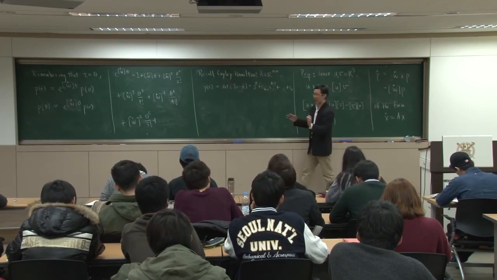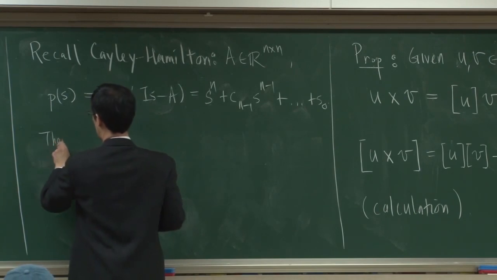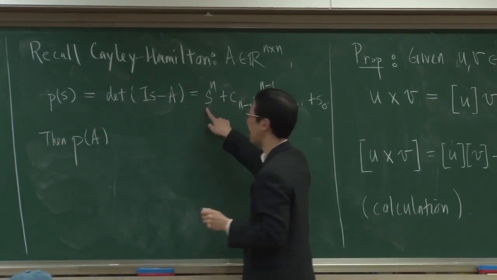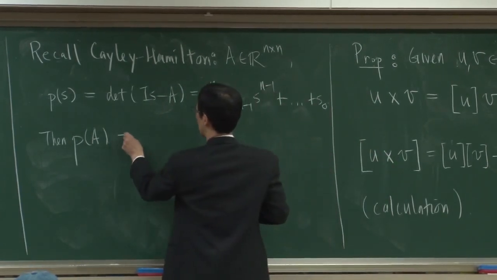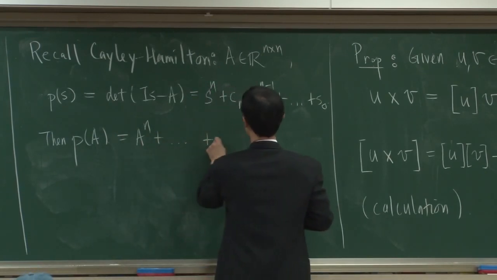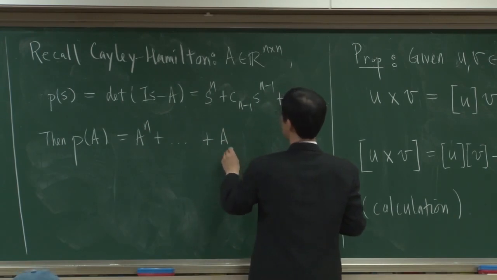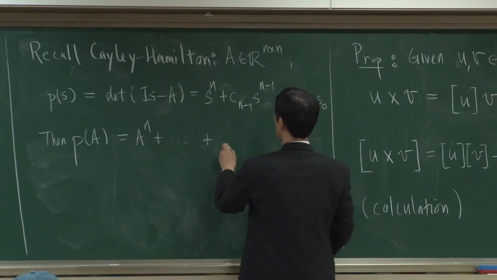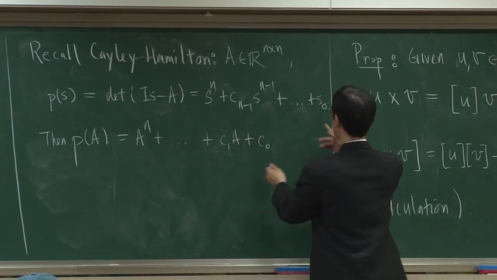Okay, Cayley-Hamilton then says that P of A, so if I replace s by A in this formula, in other words, we get A to the n plus dot dot dot plus c_1 A plus c_0.